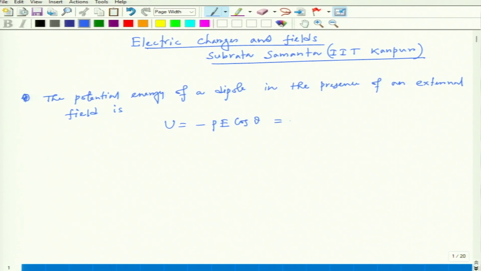If we write it in vector form, U = -p vector dot E vector. Here the E vector is the uniform electric field vector, and the p vector is the dipole moment vector.